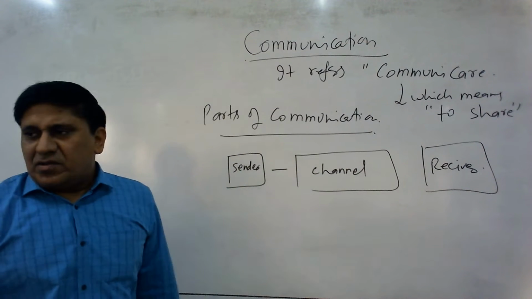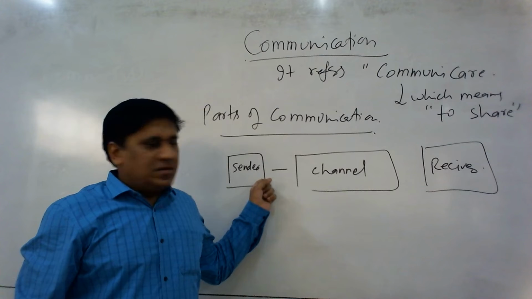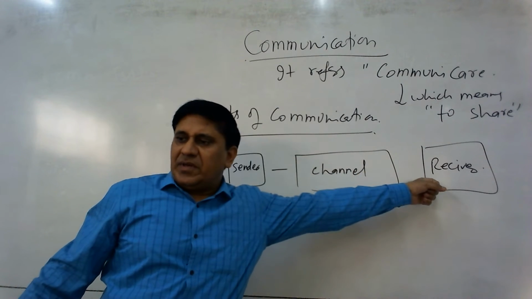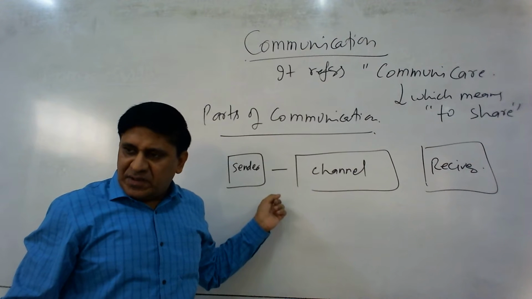There are three parts of a communication system: sender, channel, receiver. The sender is also called the transmitter.